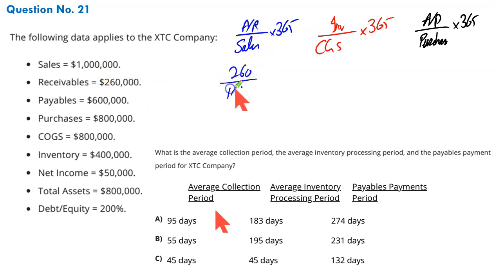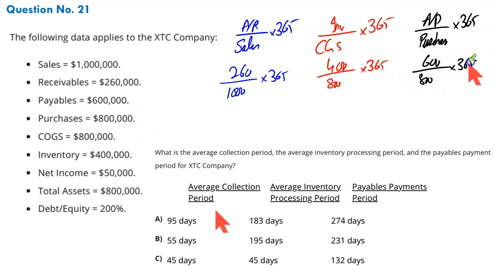Sales is 1 million, I'm omitting 3 zeros, times 365. Inventory average, or just inventory, is given as 400, omitting zeros, upon COGS that has been given as 800 multiplied by 365. The last one, accounts payable 600,000, purchases 800 multiplied by 365. It's just the three formulas have been checked in a single question.